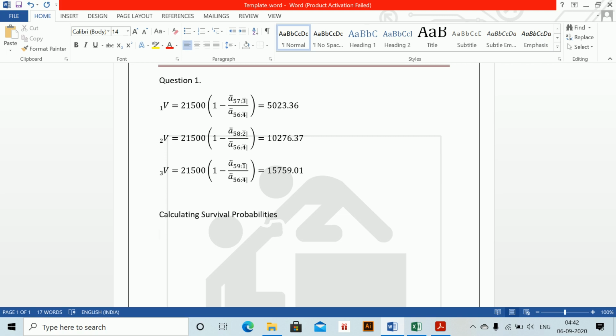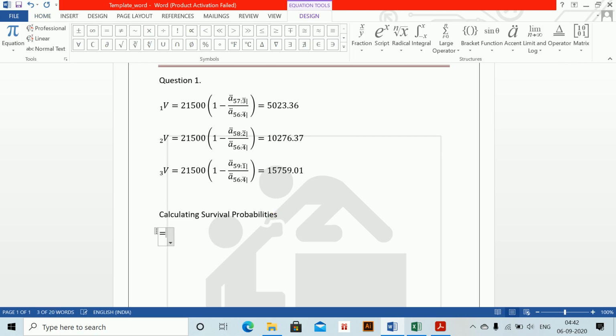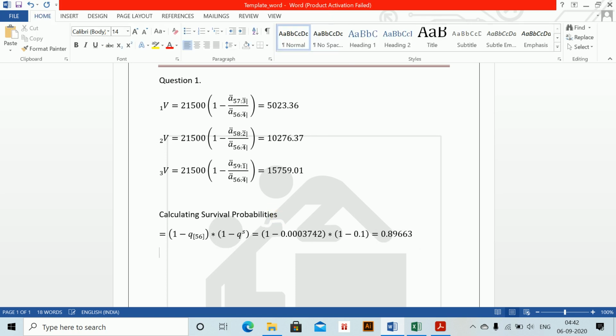So dependent probability of survival, first is equal to 1 minus q_56 into 1 minus qs, which is equal to 1 minus 0.003742 into 1 minus 0.1, which is equal to 0.89663.